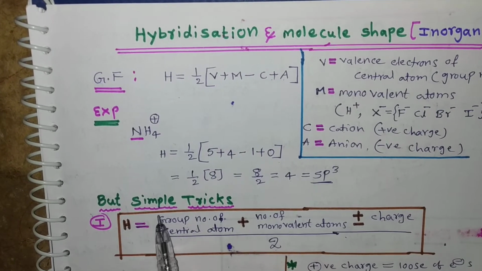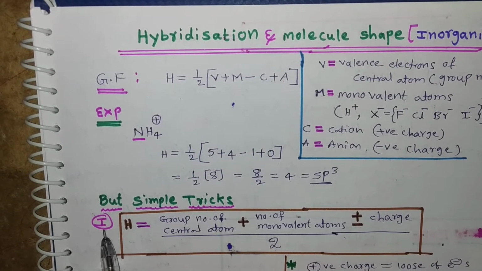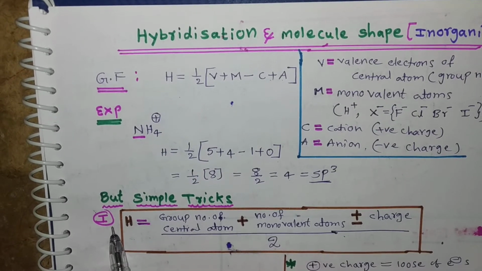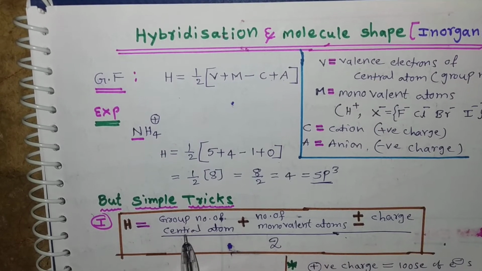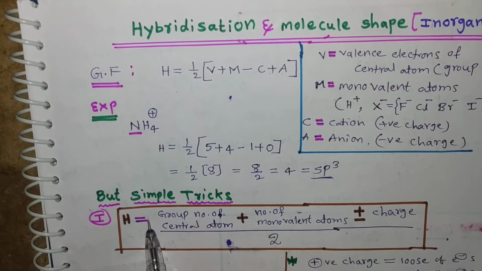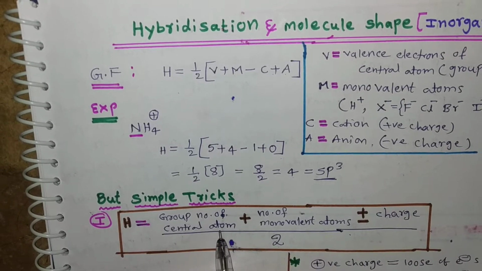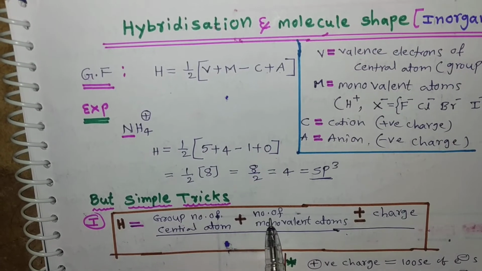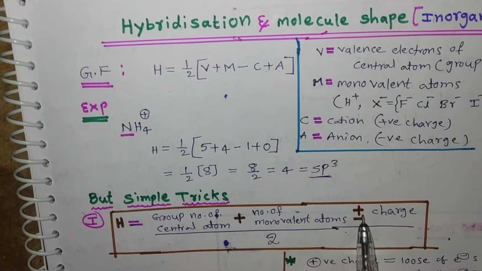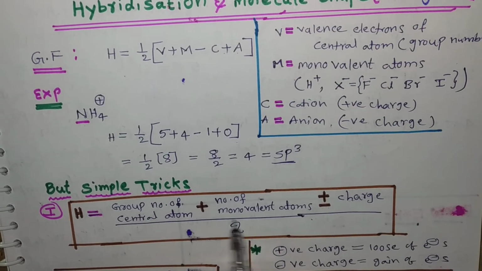But simple tricks in this first method. This method is mainly used only to find out the hybridization of a molecule. What is the formula? H is equal to group number of central atom plus number of monovalent atoms plus or minus charge, by 2.